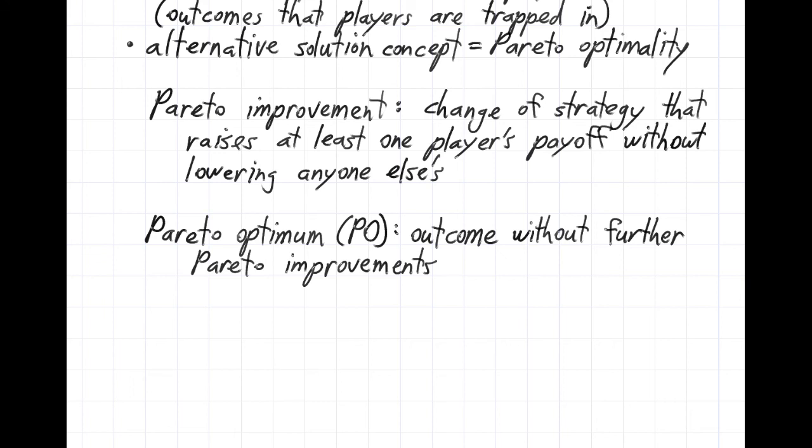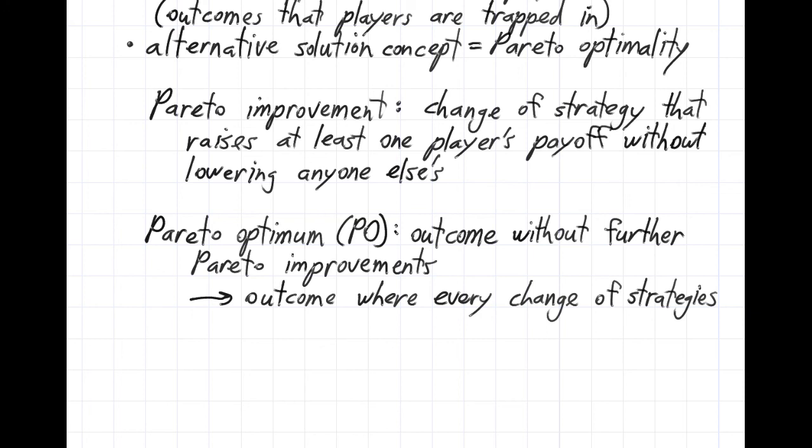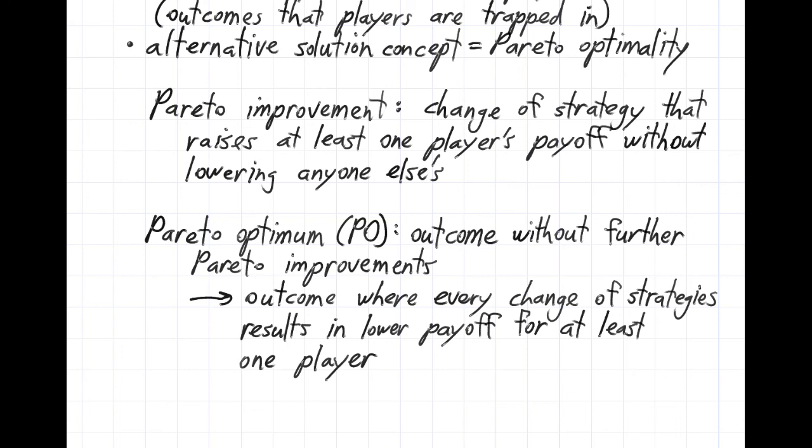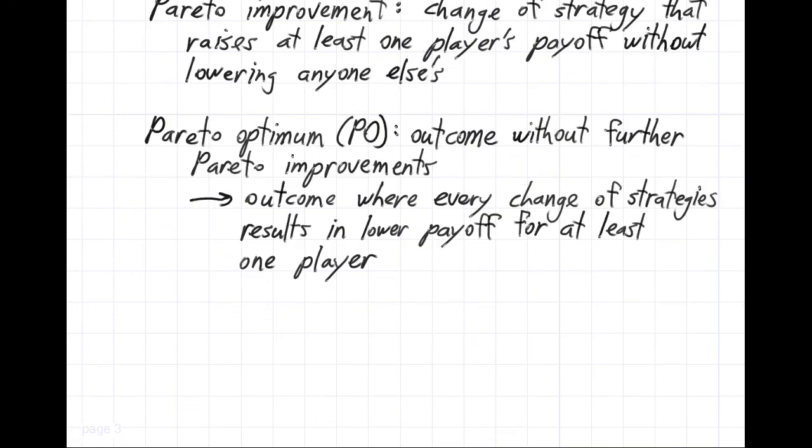So that means that a Pareto optimum is an outcome where every change of strategies results in a lower payoff for at least one player. So once you've reached a Pareto optimum and you try to move to another outcome, at least one player would object to that move because it would involve a lowering of their payoff.